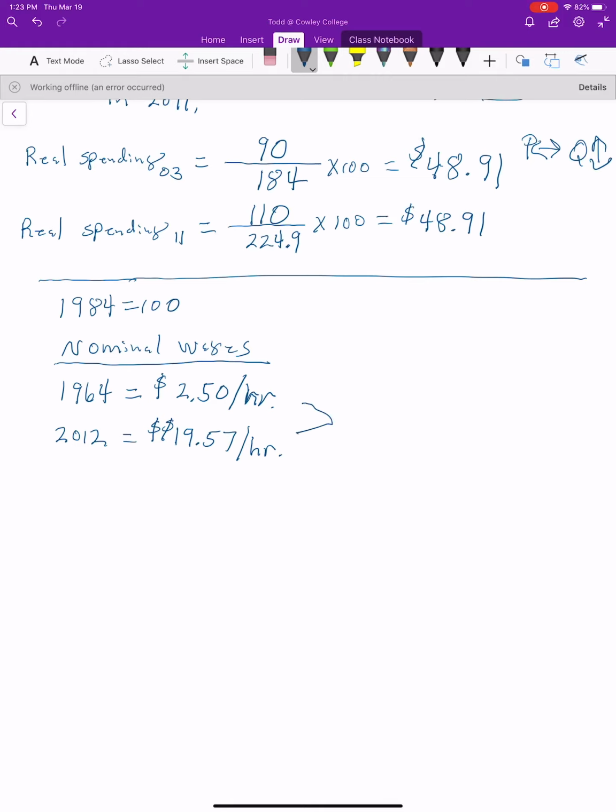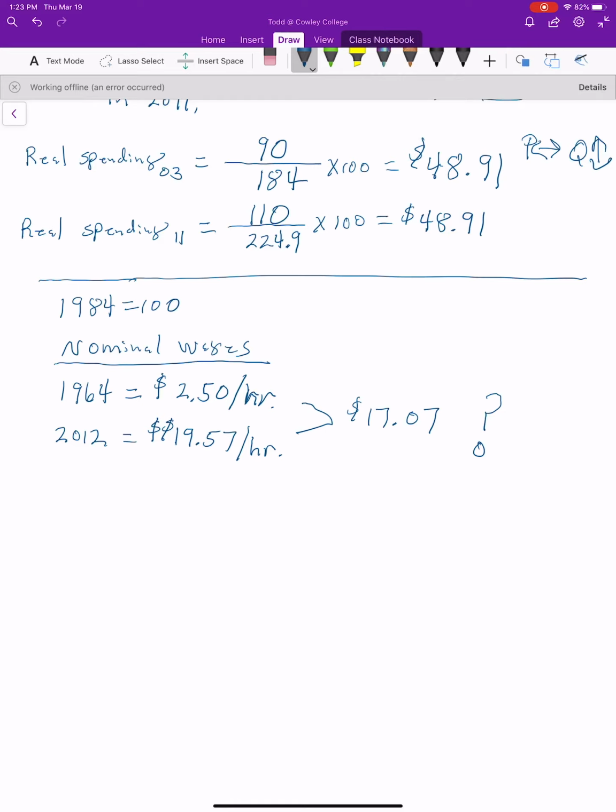In fact, if you were to look at people's paychecks, it appeared that they were making, in dollar value, $17.07 more in 2012 than they were in 1964. The question, though, is, were we $17 better off as far as consumption was concerned?